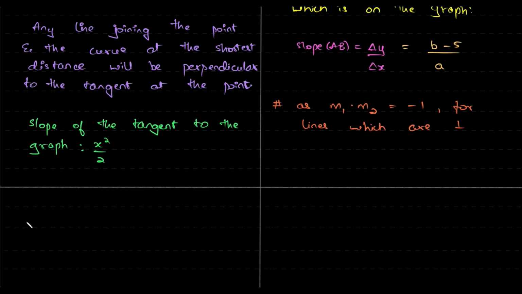Therefore, y prime into the slope of AP should be equal to minus 1.